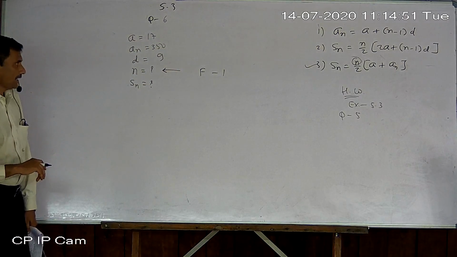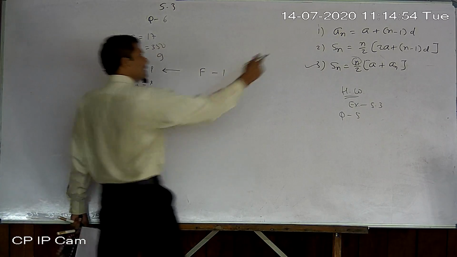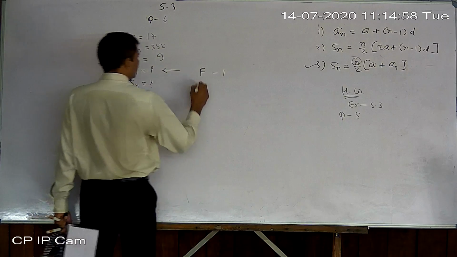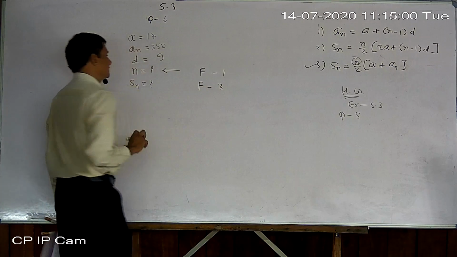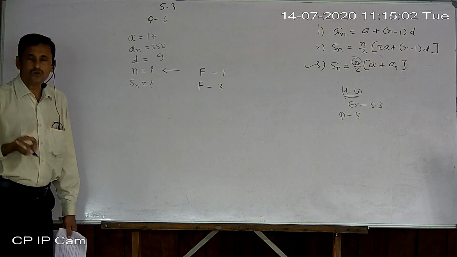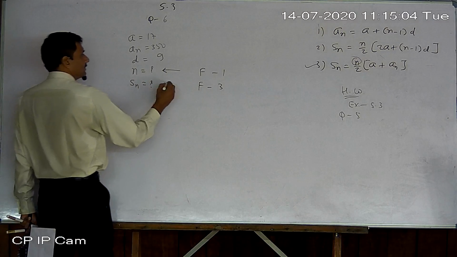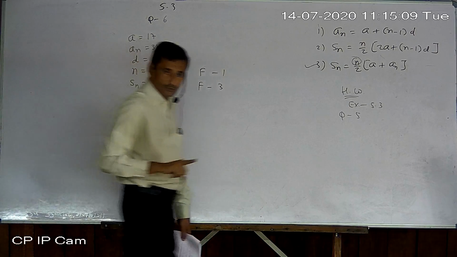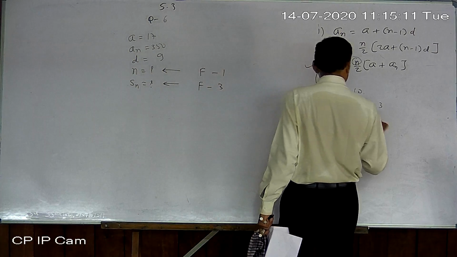After getting n, you can use either the second or third, anyone, but we will use number 3 for short calculation. So here 1 and 3 in question number 6. I am giving you a hint, and you can also decide yourself.